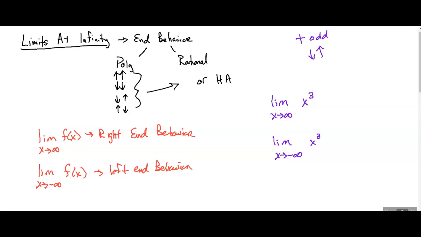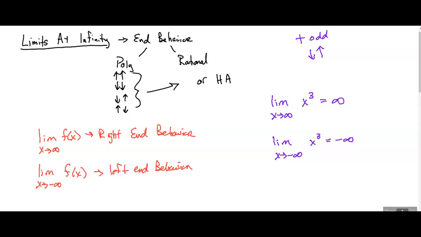So as I go to infinity, this function goes up to infinity. And as I go to negative infinity, that's the left-hand side, we know that this graph goes down, so this goes to negative infinity. So that's as easy as it gets if you have a polynomial function.